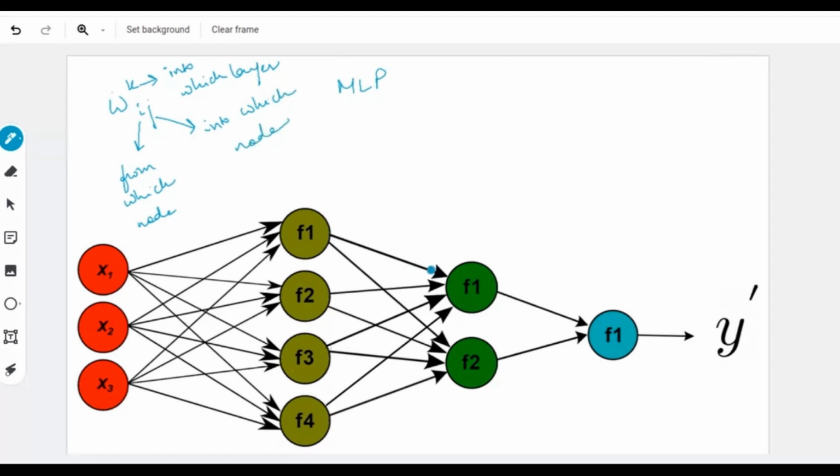So suppose the weight here would be W from the first node into the first node, and this is for going into the second layer. The same way here it would be weights from the third node into the first node, and this is for the second layer. So like this you had the weights, you also had outputs like H.